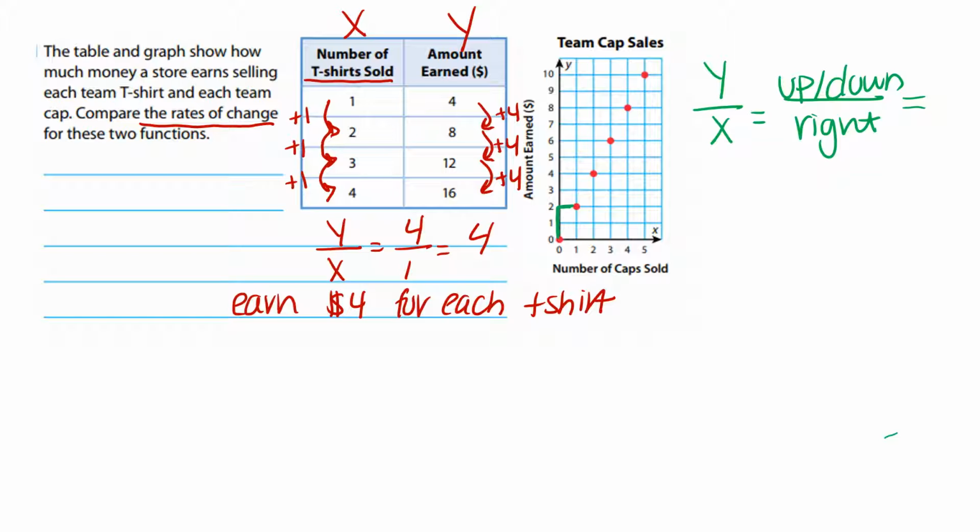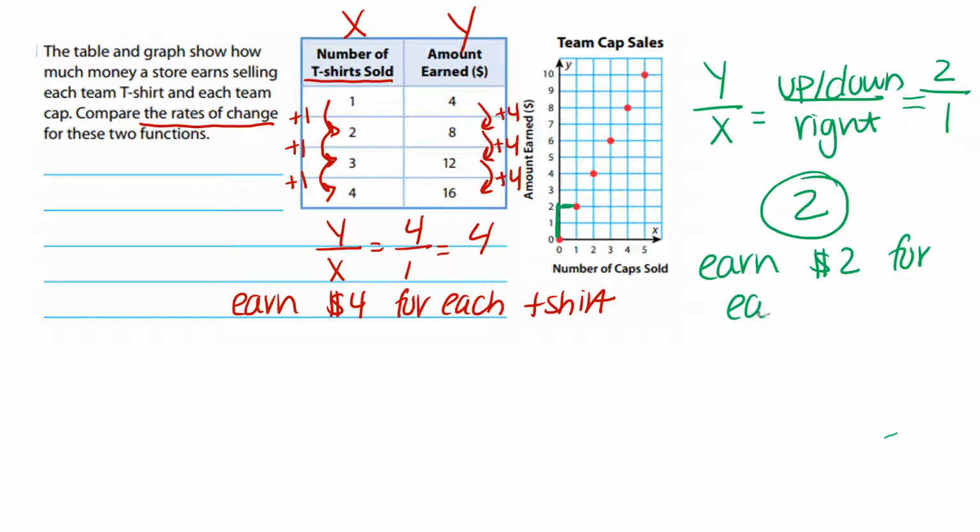So in this case, we're going up 2 and right 1. And so our slope, our rate of change, is going to be 2. Now, what statement can we make from that? It means that they earn $2 for each cap. A cap is a hat that they sell.